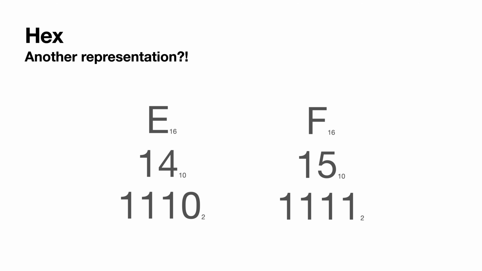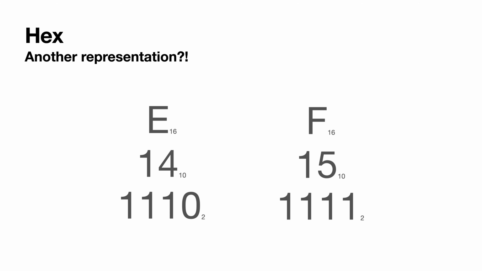So now that we've agreed that we need these letters to represent 16 values, we ask, why 16? What's the correlation? Well, we're able to represent 16 values with 4 digits in binary.